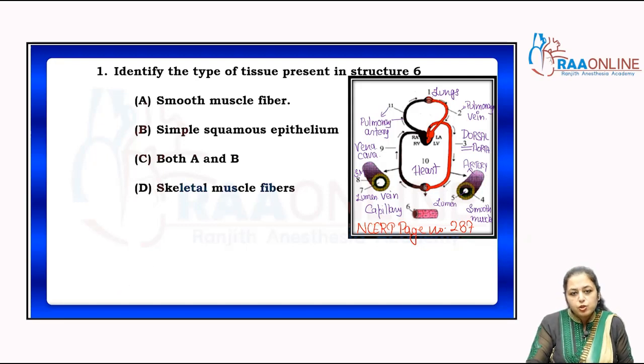Now we can easily solve questions based on this diagram. Identify the type of tissue present in structure 6. What is structure 6? That is the capillary. We know that the capillary is lined with simple squamous epithelium.